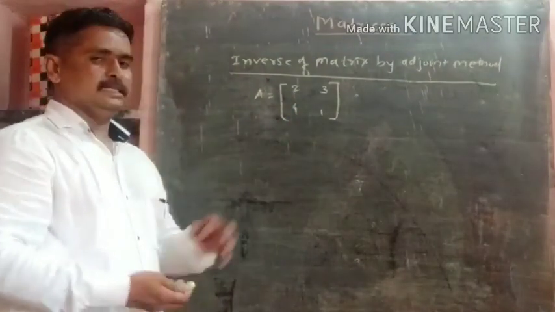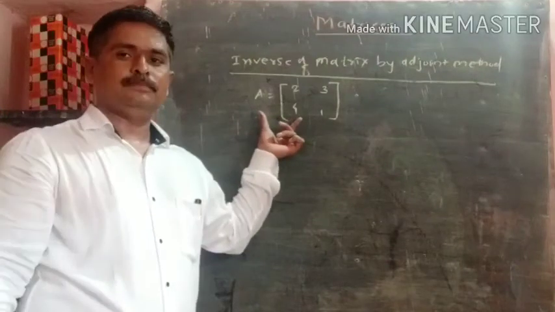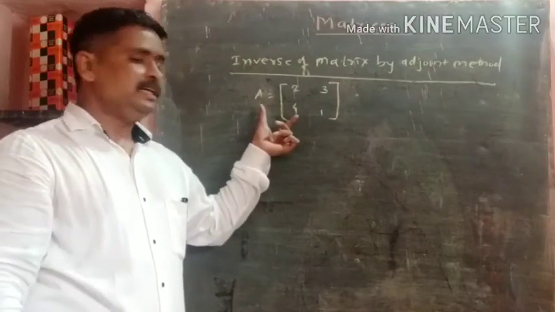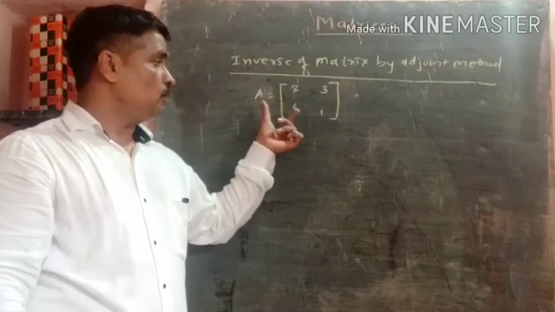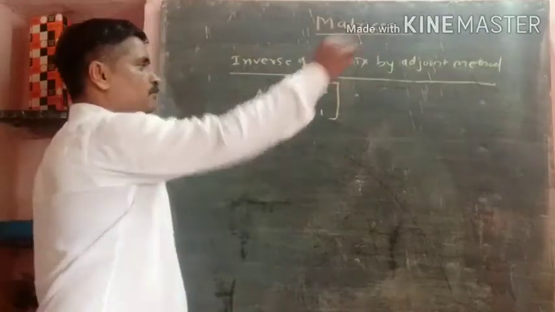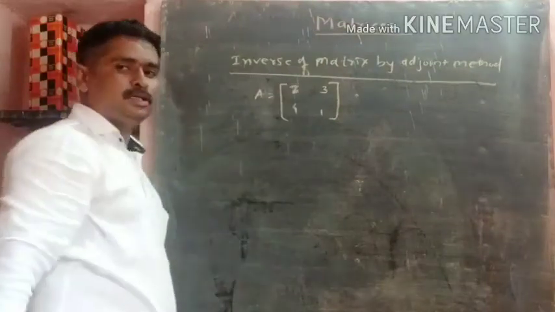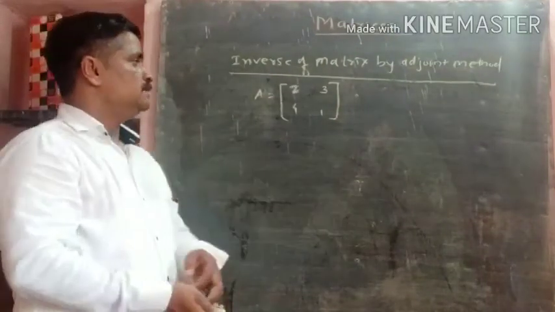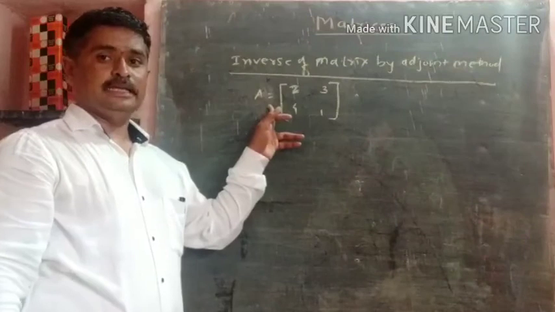And in the last year we are well known about the adjoint method, cofactor of an element, minor of an element. So once again I want to recall what is the procedure to find A inverse.